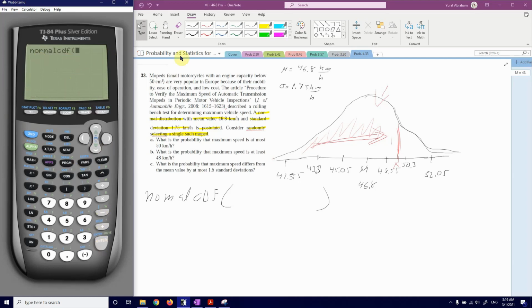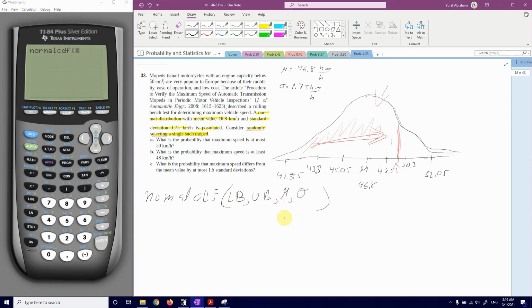If it shows up like this, pretty much the first number you're going to plug in is always going to be your left boundary and your upper boundary. I'm sorry, yeah, your lower boundary, your upper boundary, and your mean and your standard deviation.